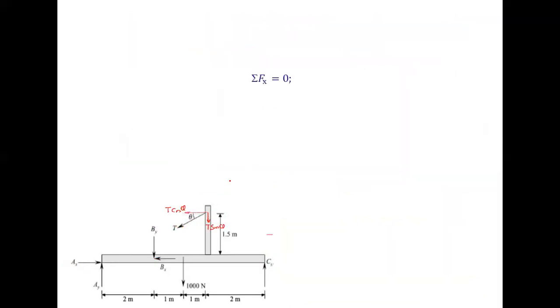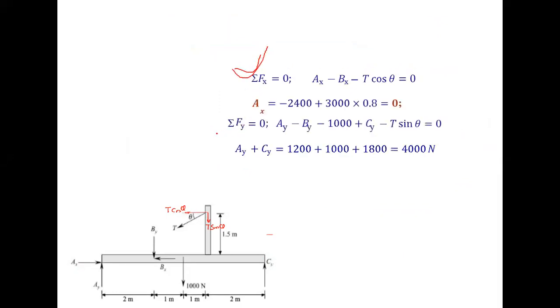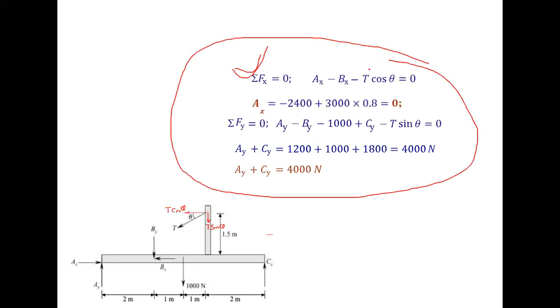Now it's very simple to apply horizontal force balance and vertical force balance. So I hope that you can easily understand these equations, and also the calculations behind finding AX and AY and CY.